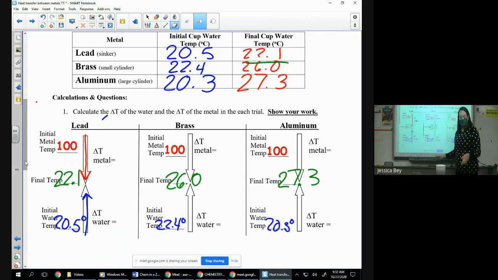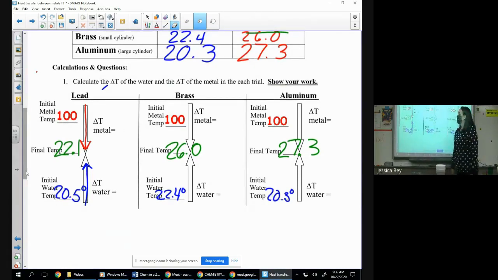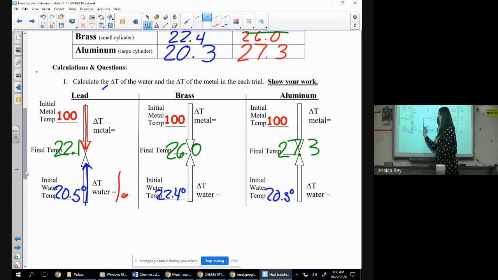So grab your calculator here. We're going to do this real time. How much did my water warm up with the lead? Well, let's see. The difference between 20.5 and 22.1, and you can take an absolute value. How much did my water warm up? 1.6 degrees.